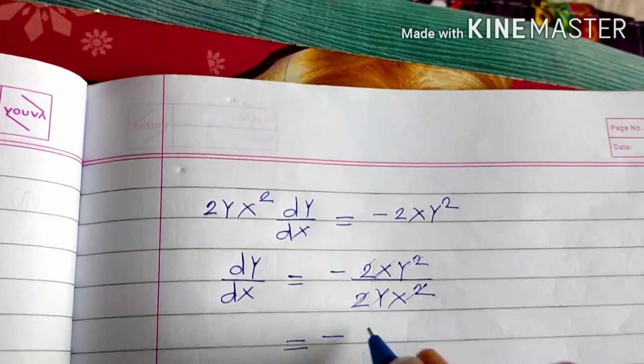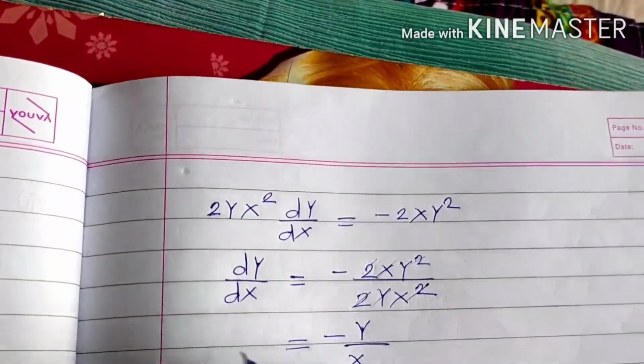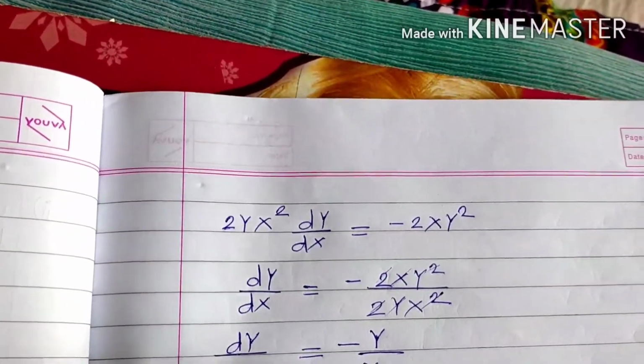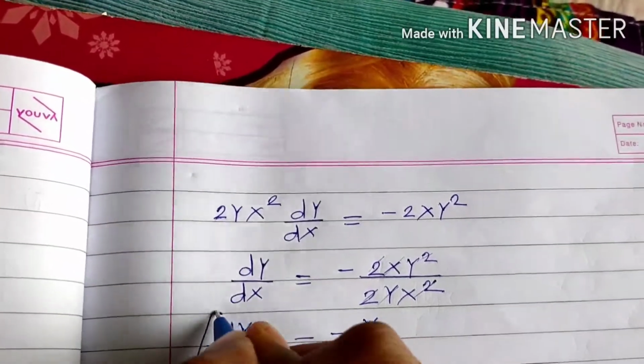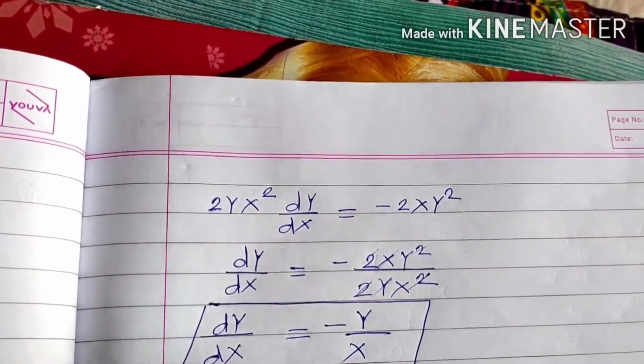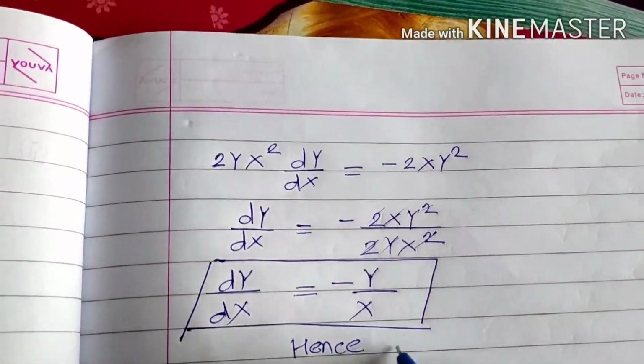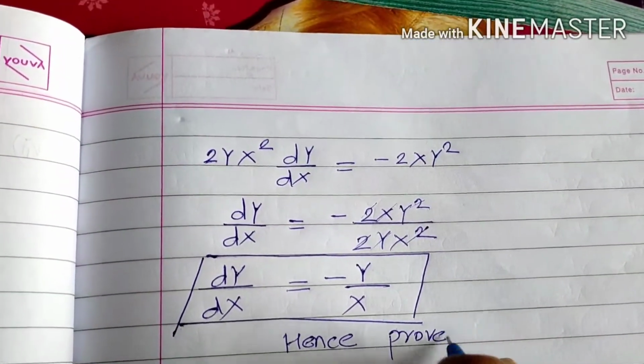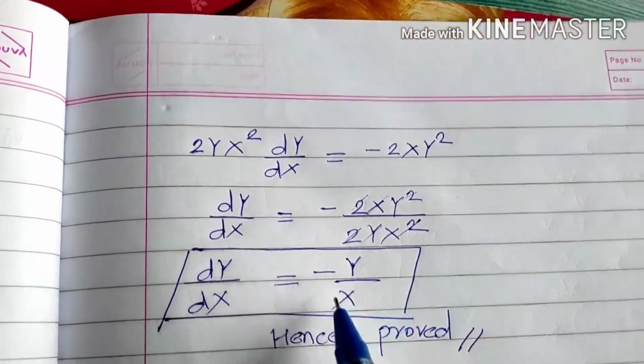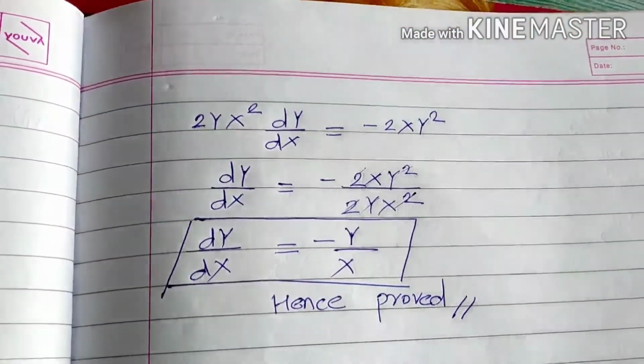So you get only dy by dx equals minus y upon x. Hence proved. This is what we had to show.